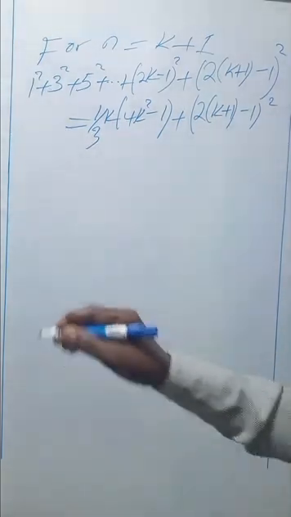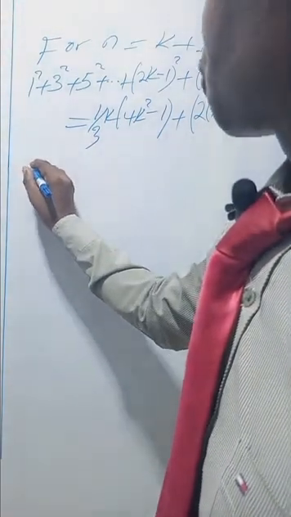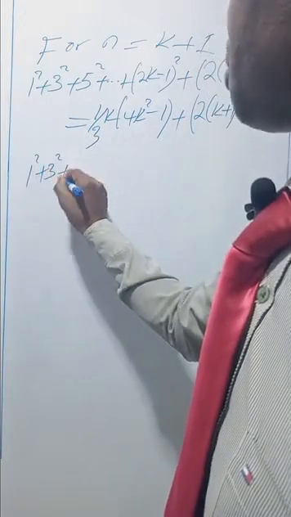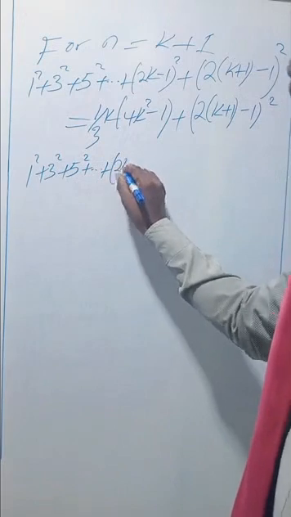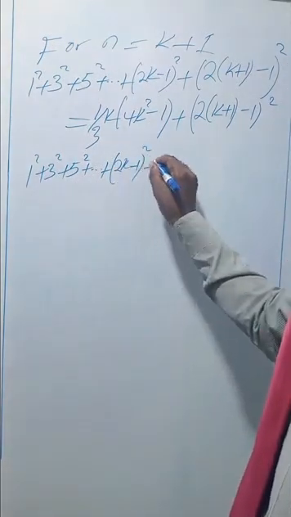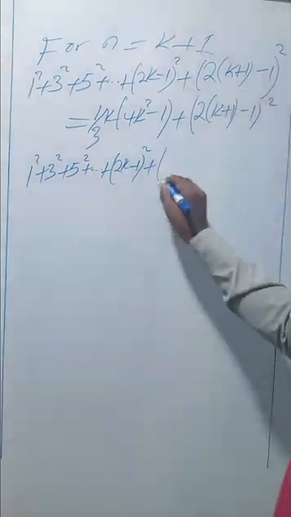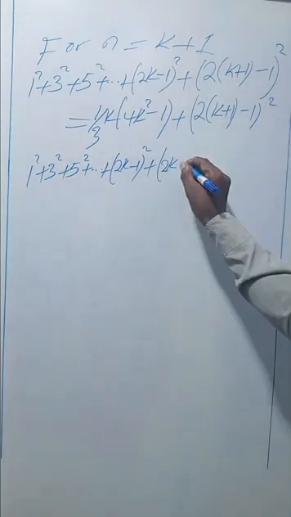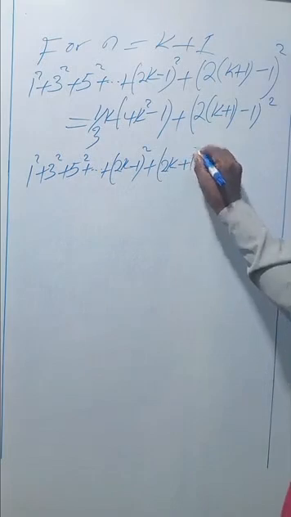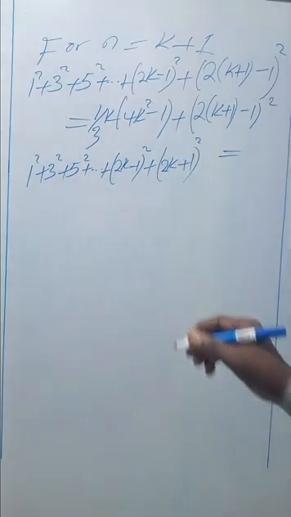So let's try to simplify. The left hand side will become 1 squared plus 3 squared plus 5 squared plus dot dot, plus (2k minus 1) squared, plus here we shall have 2k plus 2 minus 1, so it will be (2k plus 1) squared, equals the right hand side.